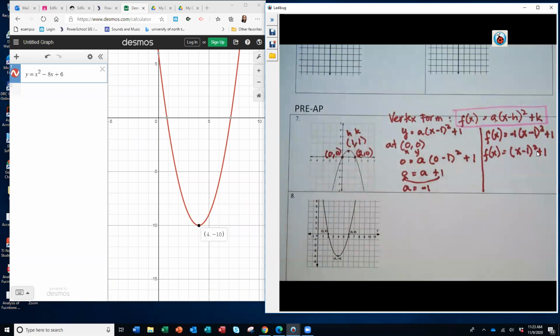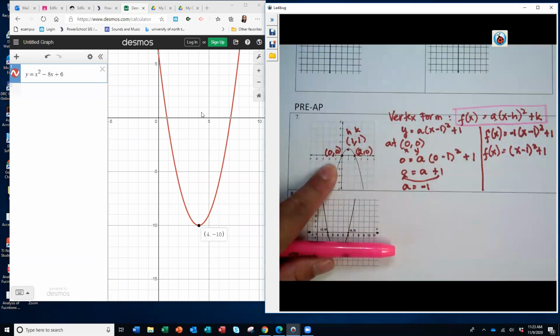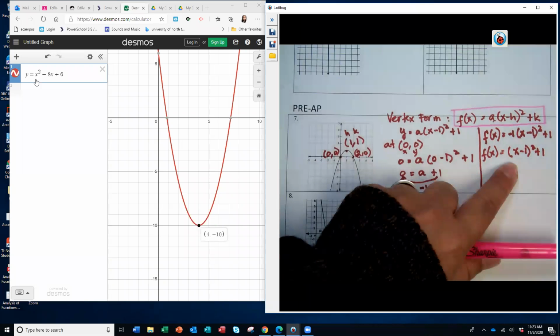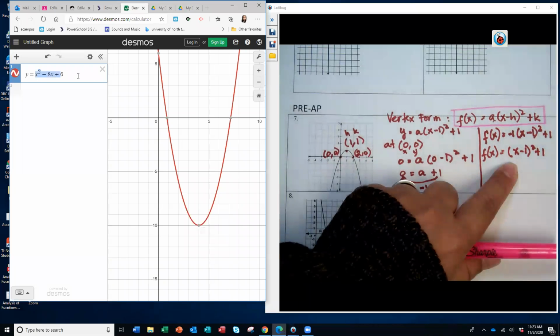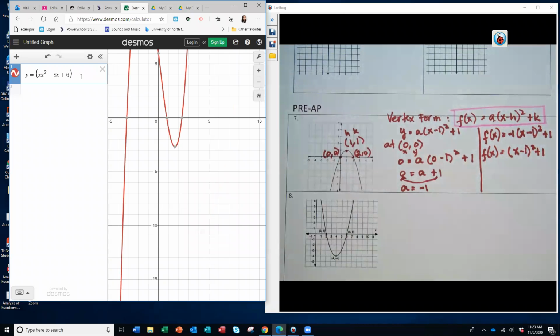So let's try to compare our graph and this graph to see if they match. So let's see, our equation here is x minus 1. So I'm going to type really what I was able to solve and come up with.